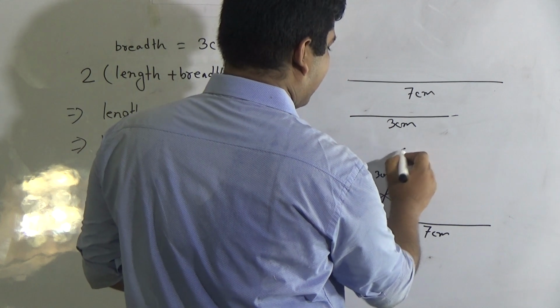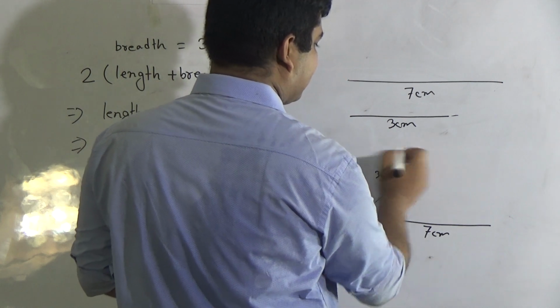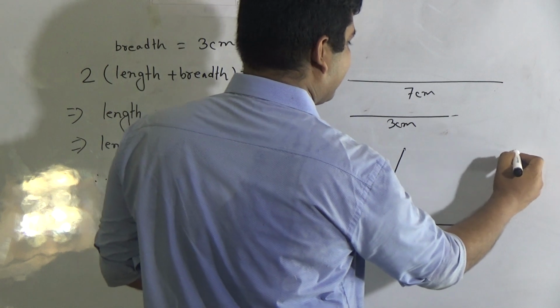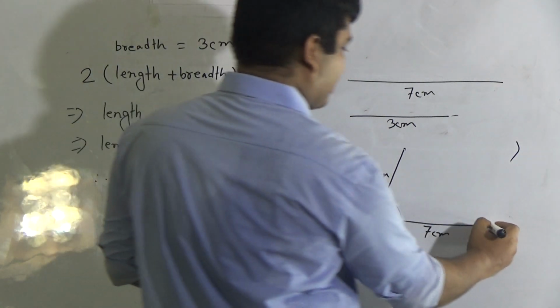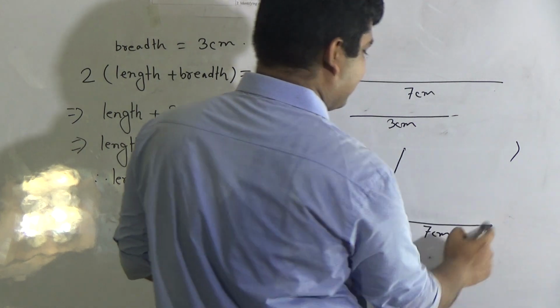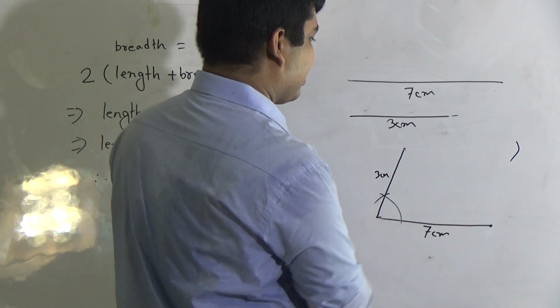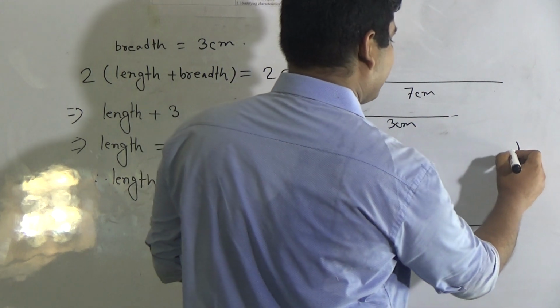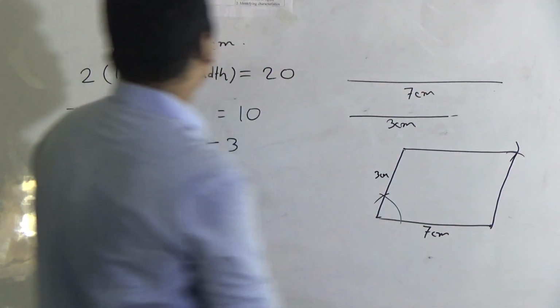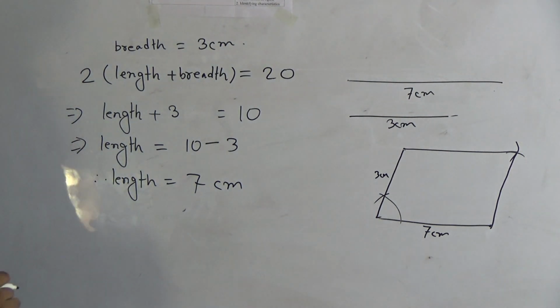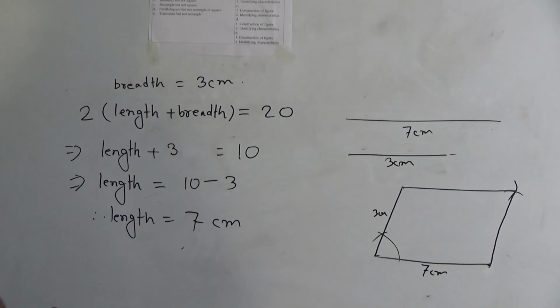And now using this point as the center, you take an arc by using 7 centimeter, okay. Then taking this point as the center, you draw another arc whose measurement is 3 centimeter. Now you join and you get the parallelogram. I hope you have understood how to draw a parallelogram by using this one.